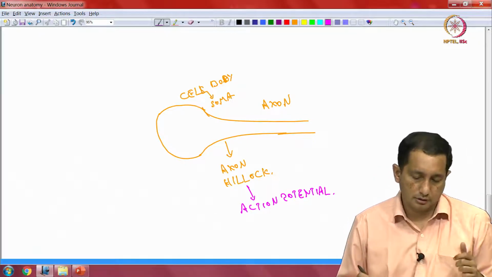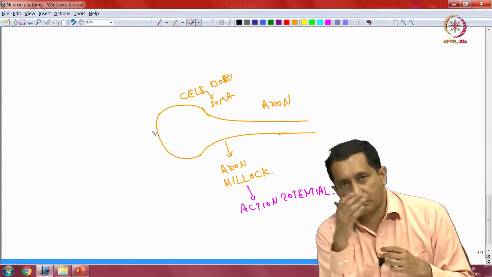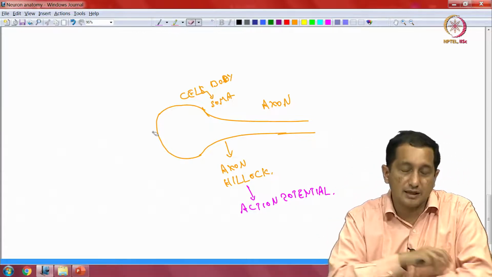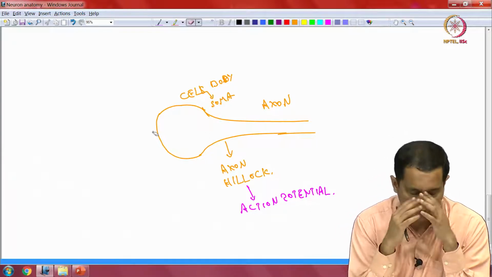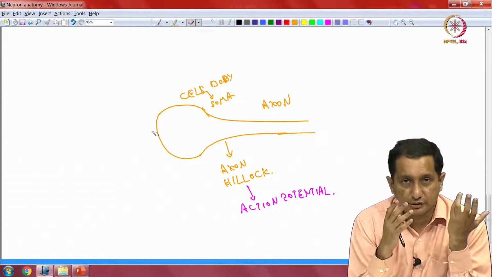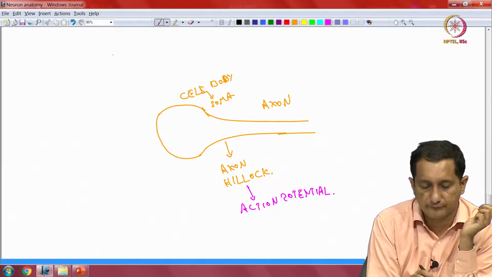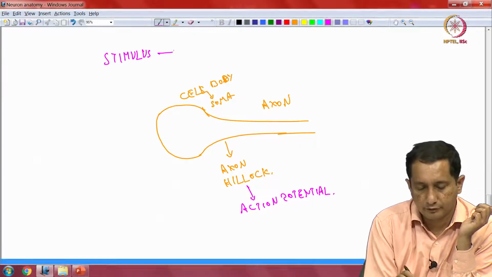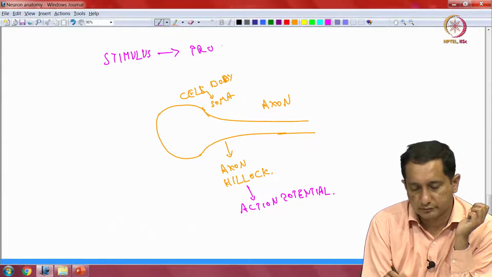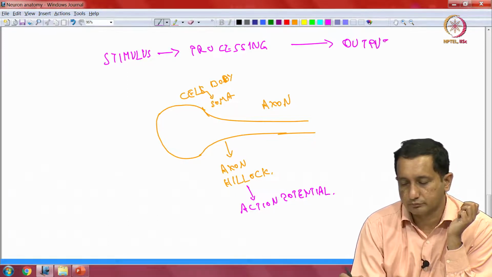So, what actually happens is you can't provide electric changes into the inside of the brain. So, you need to have a stimulus, and you need to have processing and output, right.